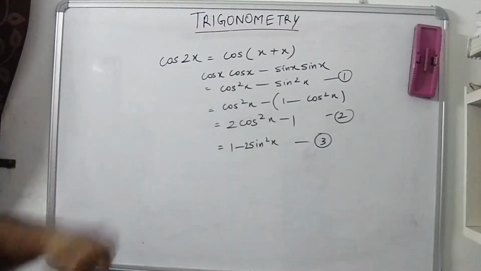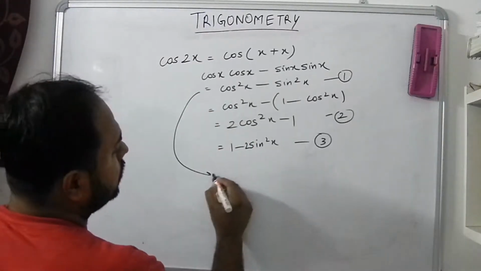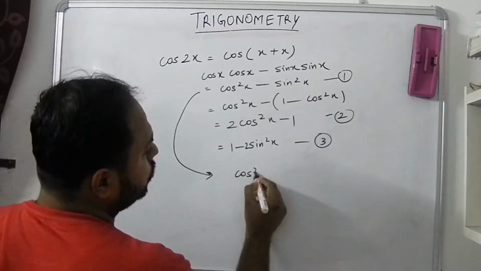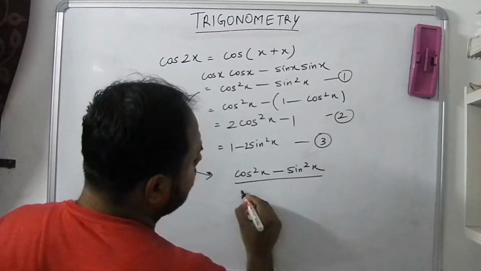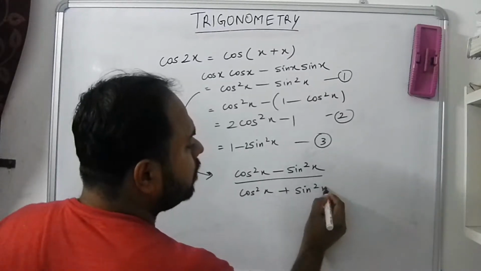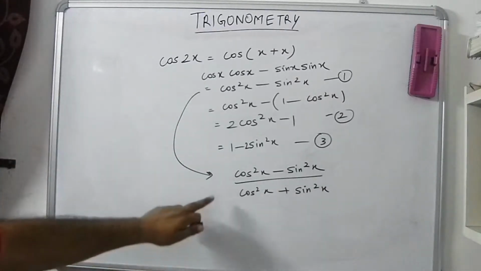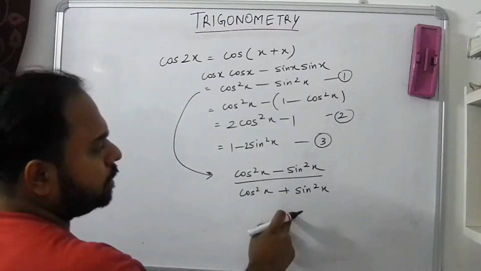Now in addition to this, there is a fourth one. Let's take this one. It becomes cos square x minus sine square x, right? Let's divide the whole thing by cos square x plus sine square x. We can do that because this is 1; we know that's an identity, right? Now let's expand it in terms of tan.